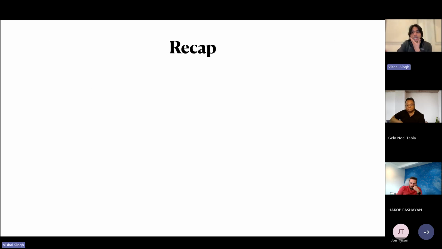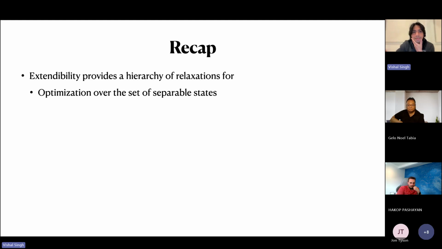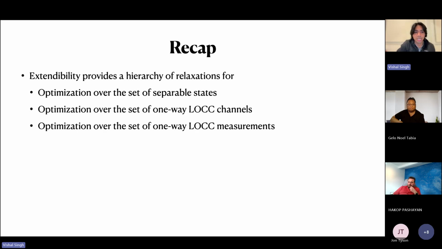Okay, so that's the end of my talk. Just to recap, extendibility provides a hierarchy of relaxations for optimization over the set of separable states, the set of one-way LOCC channels, and one-way LOCC measurements.